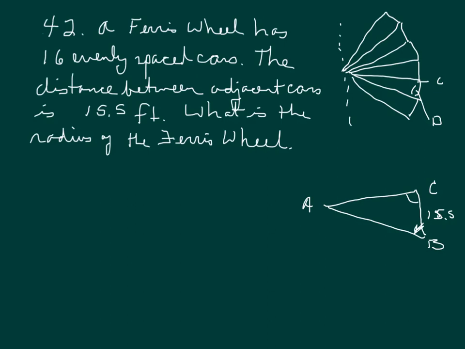First of all, there are 16 evenly spaced cars. They have to go around and make an angle of 360 degrees. So A will be 360 degrees divided by the 16 cars, making A 22.5 degrees.